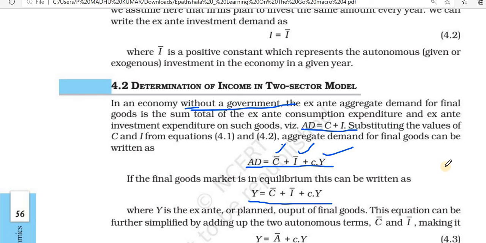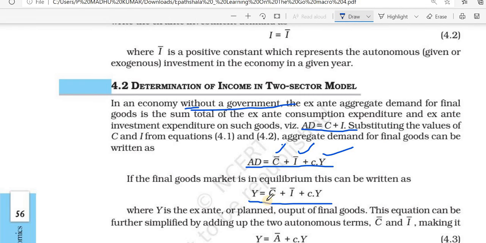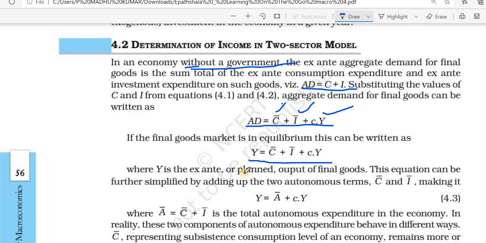If the final goods market is in equilibrium, this can be written as income equal to autonomous consumption plus autonomous investment plus induced income, where Y is the ex ante or planned output of final goods.